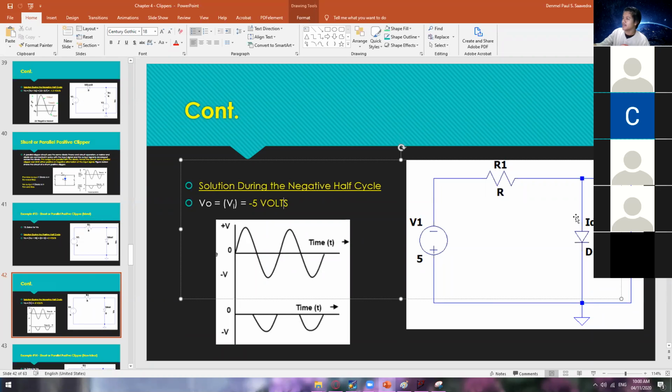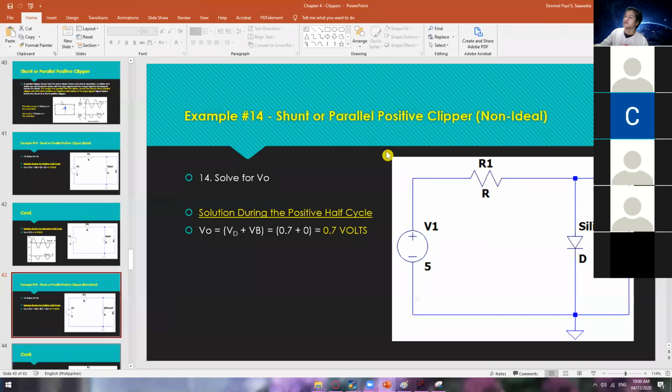If it's in reverse bias, the only thing that you're going to deal with is this initial voltage, and if there are other voltages in here, you have to add or deduct them. But for this one, since we don't have any other voltages, V sub O is equal to V sub I. Right, so anyway, let's move on.